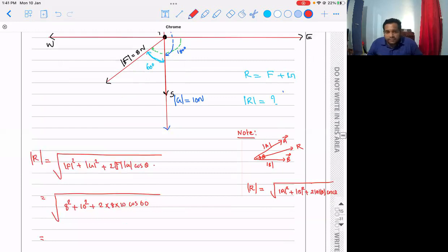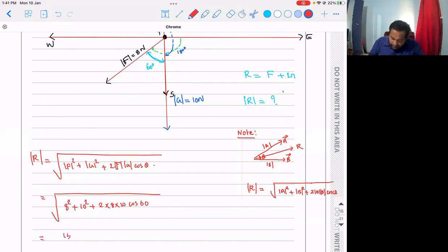So please calculate this value. What is the answer? Substitute these values in your calculator and find it. I'm also inputting these values, 8 square plus 10 square plus 2 times 8 times 10 times cos 60 and take the root of that.